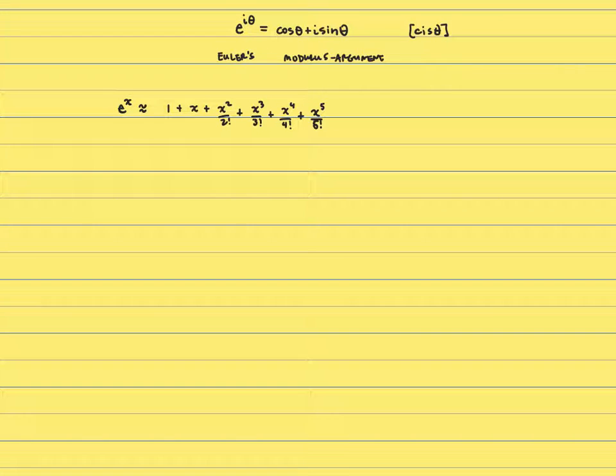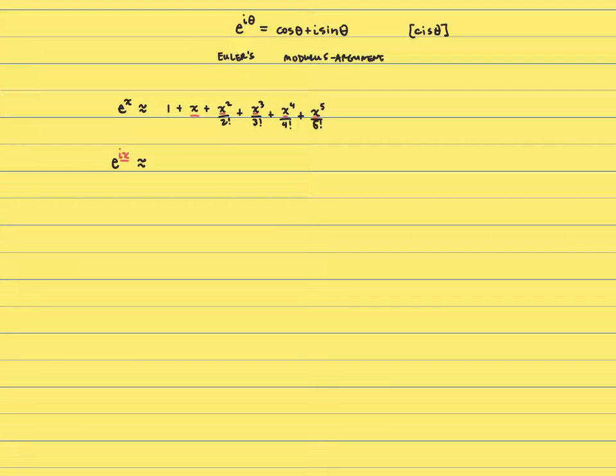Now, using that, I'm going to find e to the ix. So I'm going to do a substitution. Everywhere I see an x, I'm going to plug in an ix, in each of these independent variables.